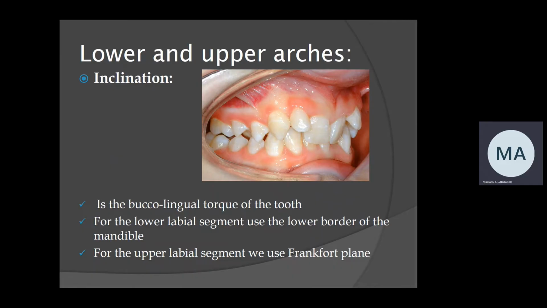Otherwise, if you want a more accurate assessment of teeth inclination, we have to take a lateral cephalogram and go for a proper analysis. But clinically, you could see obviously that the central incisors here, for example, are retroclined and the upper laterals are proclined. So this is how we describe the inclination: average, proclined, retroclined.